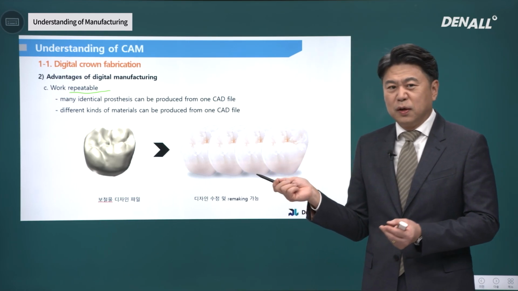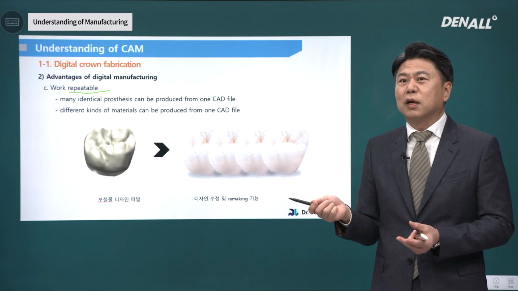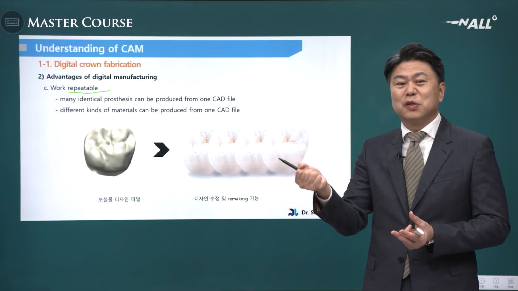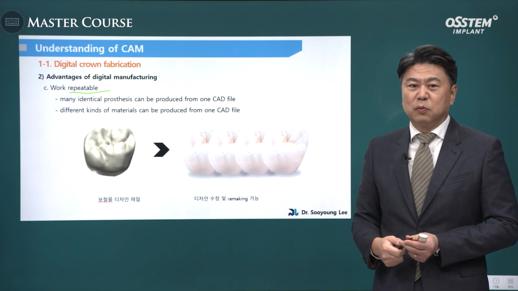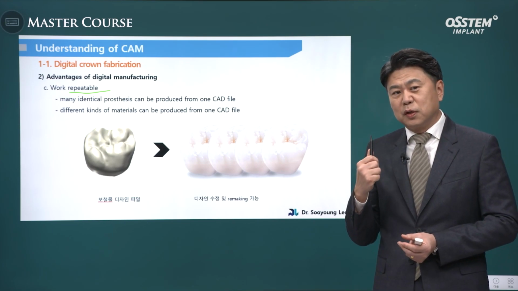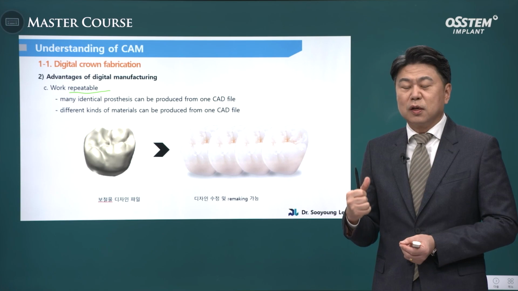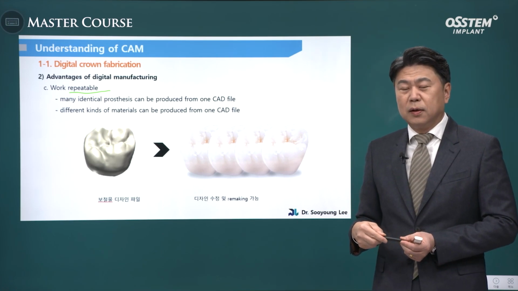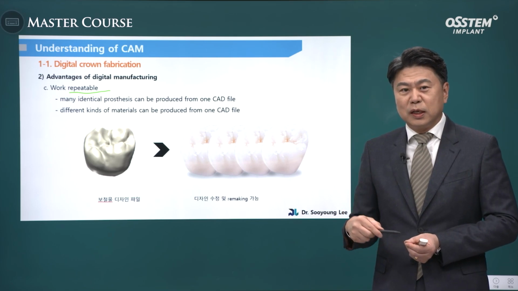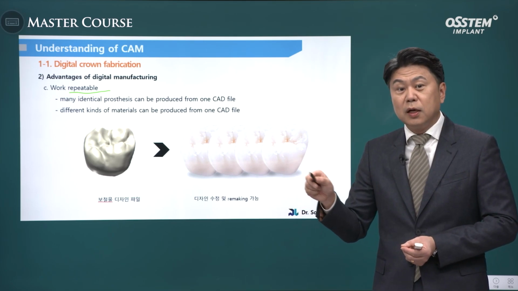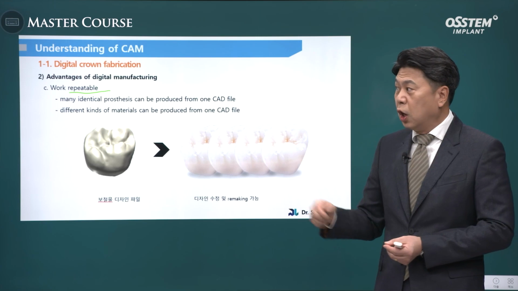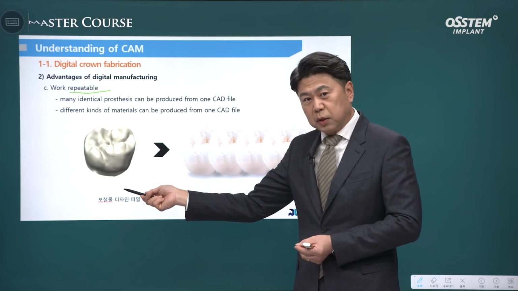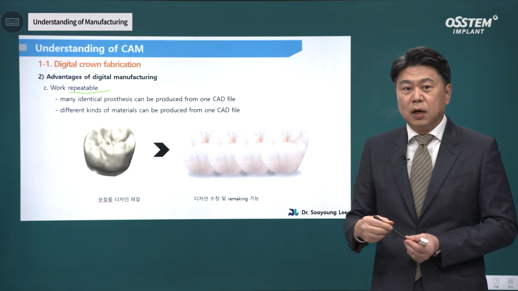If you use the analog approach, what happens? This is a very difficult situation. The patient should visit the clinic and you need to start from rubber impression taking. All the process should be repeated from scratch, but in our clinic, when we receive such a call, we say it was made of zirconia and it would take a day to fabricate the tooth, so you can come to our clinic tomorrow.